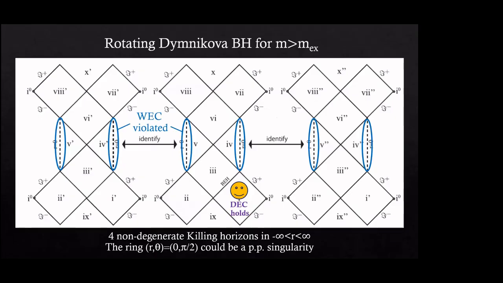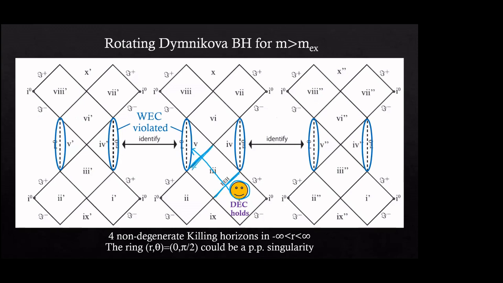And here is a Penrose diagram of the rotating Dymnikova black hole with a large mass. So here we are, and the dominant energy condition is satisfied here, and there are 4 non-degenerate Killing horizons. So we go like this, and here is 1, 2, this is the inner horizon.